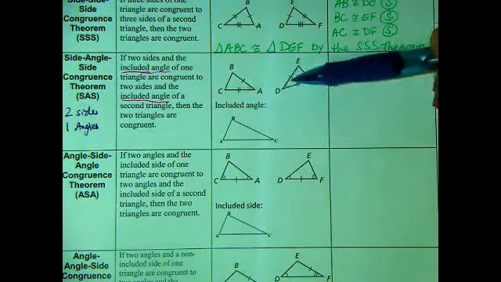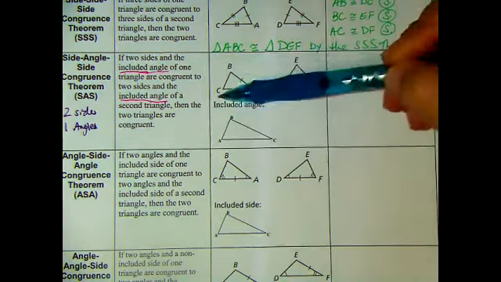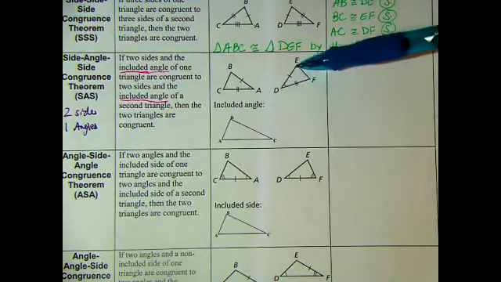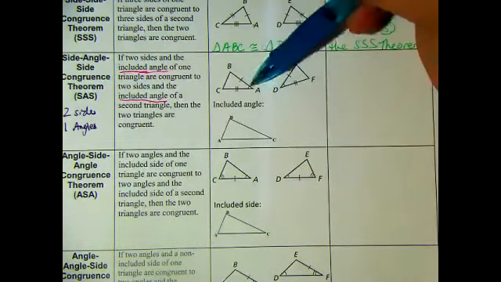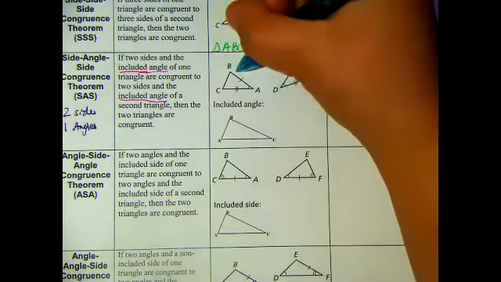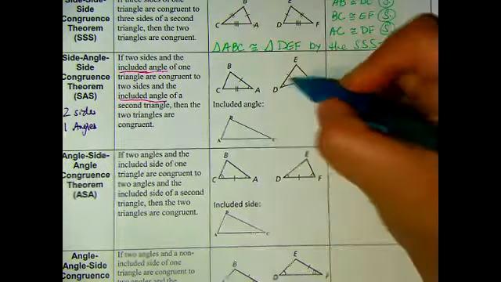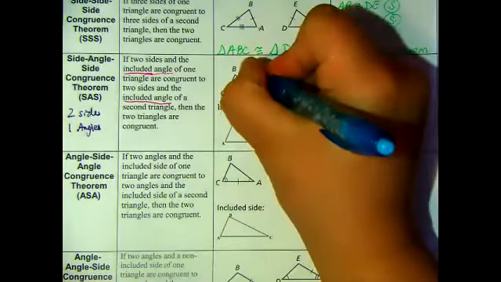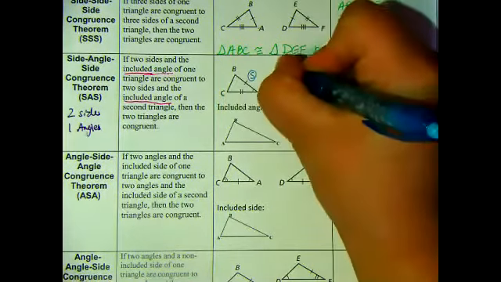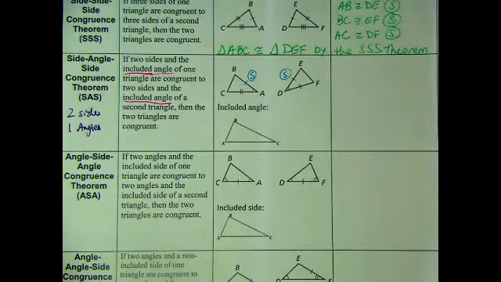Looking at these 2 triangles here, triangle ABC and triangle DEF, I can see I have these sides right here. Side AB and side DE each have 1 tick mark, so they're going to be congruent. This is one of my side pairs.